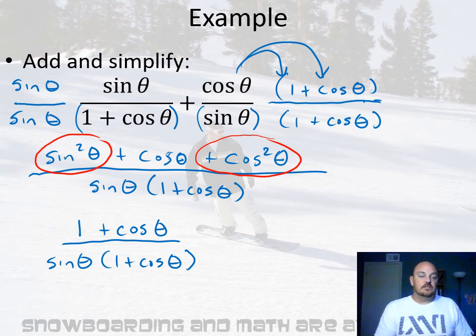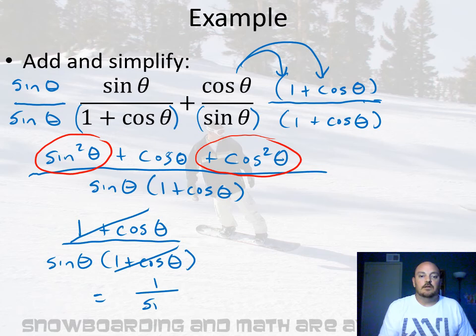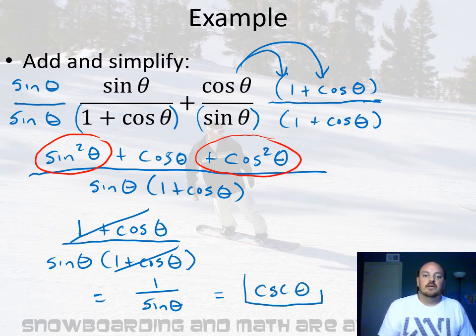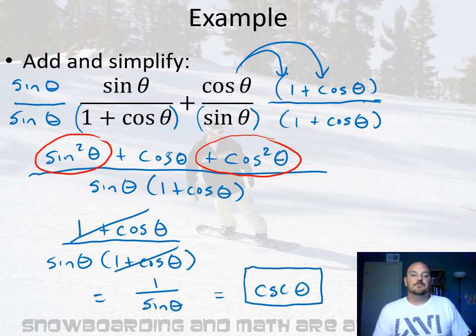Now what you notice is what was left over on top, 1 plus cosine theta, cancels with what was on the bottom. And what we have right now is 1 over sine theta, which, using our reciprocal identities, would end up just being cosecant theta. And that's my answer there.